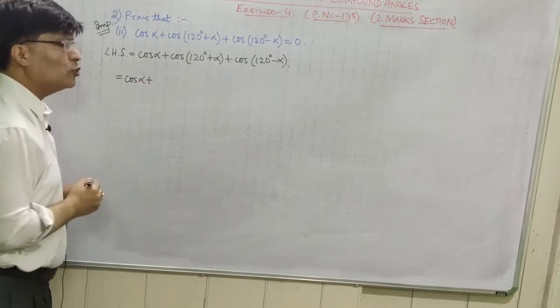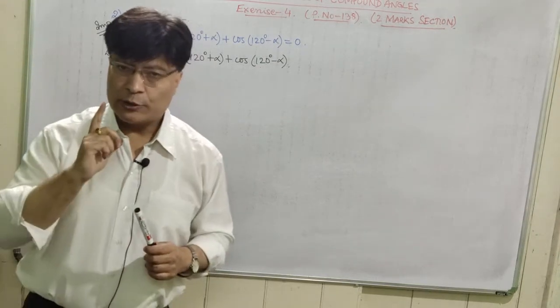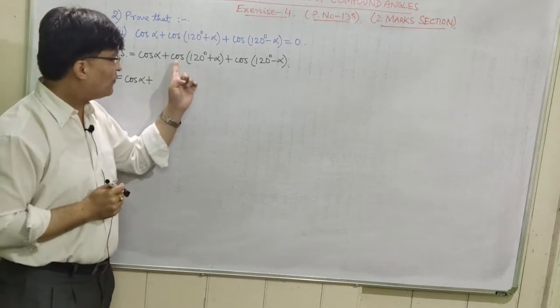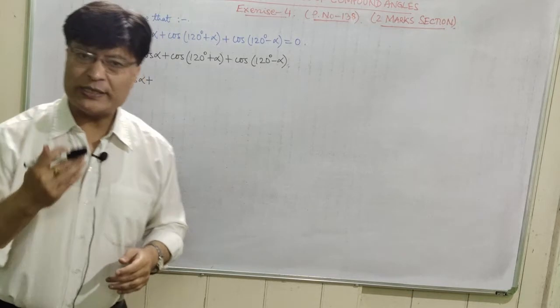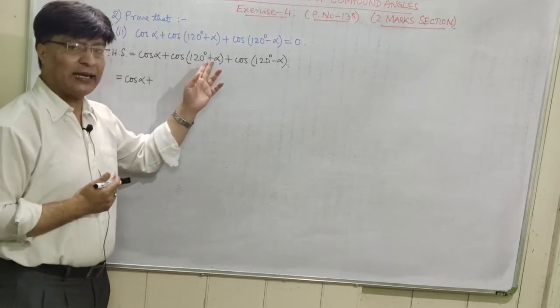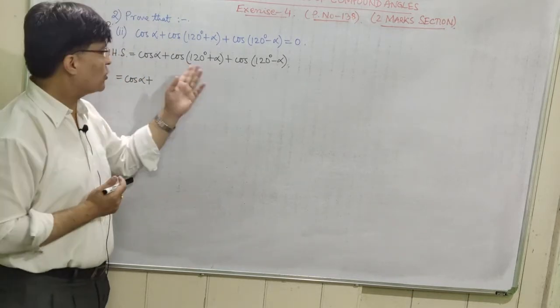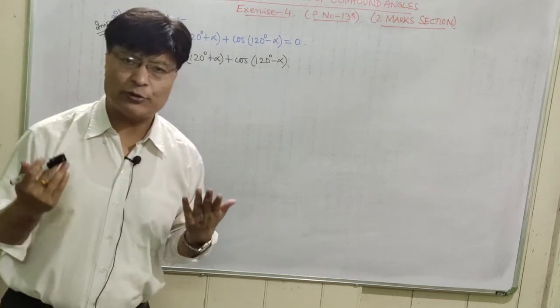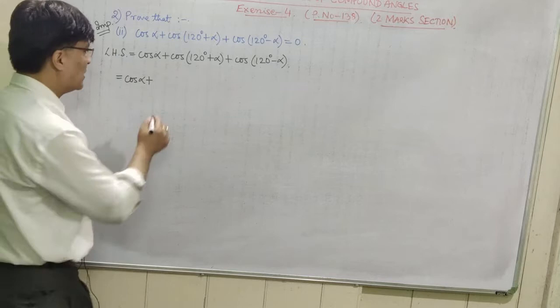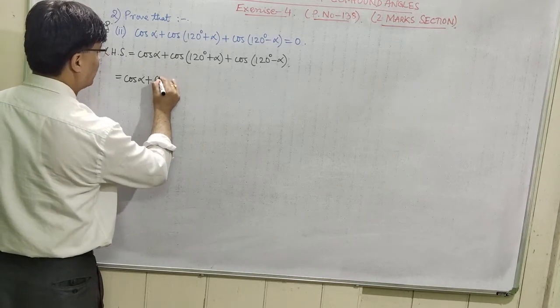What will you do with the second term? The second term is in the form of cos of a plus b. You know that, isn't it? So 120 degree is taken as a and alpha is taken as b. So this is your cos of a plus b. So I think now you know the formula for cos of a plus b, isn't it?